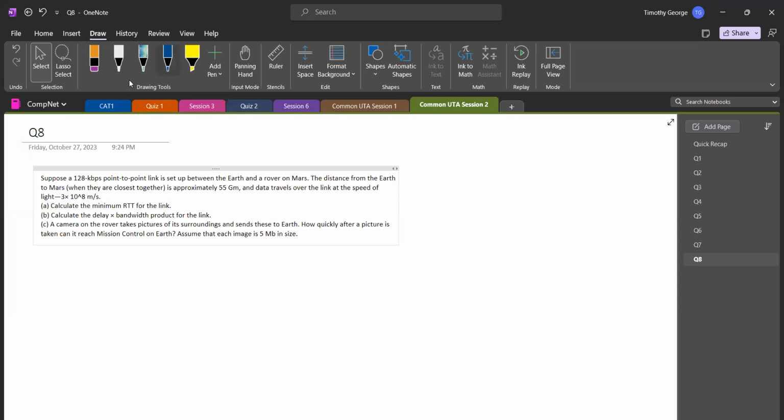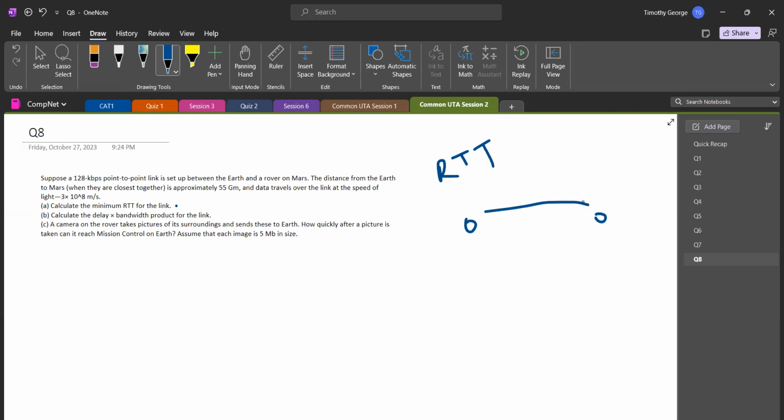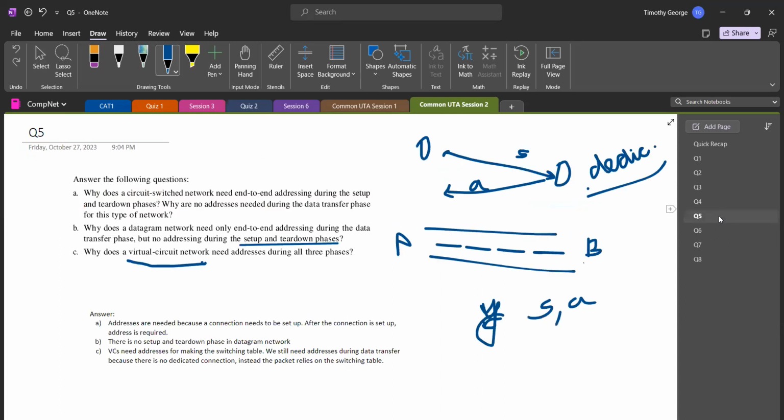So the first part is just round trip time, RTT. So you should know what RTT is, round trip time. You have one node here, one node here. How long will it take to get from here to there and then back? That's round trip time. Delay times bandwidth, we solved. This is why we solved the previous question on delay times bandwidth.